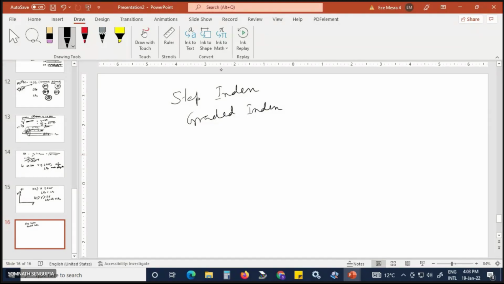Step index means throughout the core region, the refractive index is constant. This is N1, this is N2. This is core and this is clad.